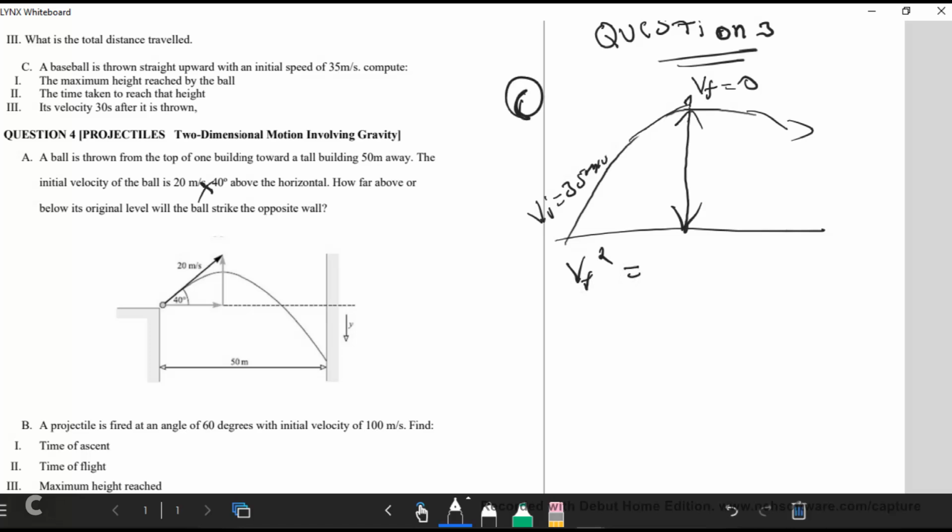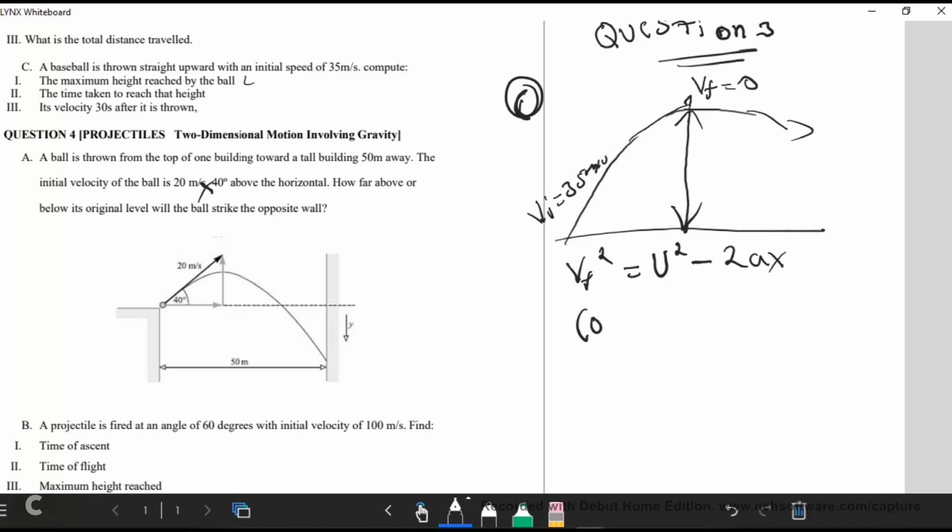Remember this is C, which is this one. We say final velocity squared is equal to initial velocity squared minus 2gx, because we're dealing with the y-axis. So what's your initial velocity?